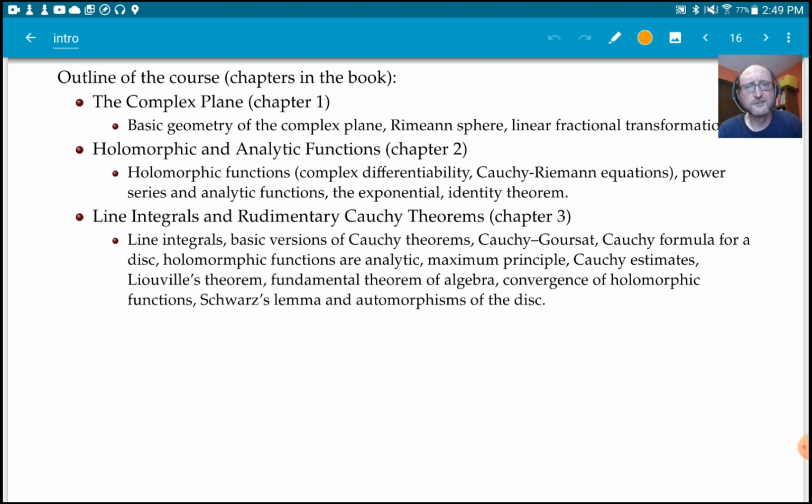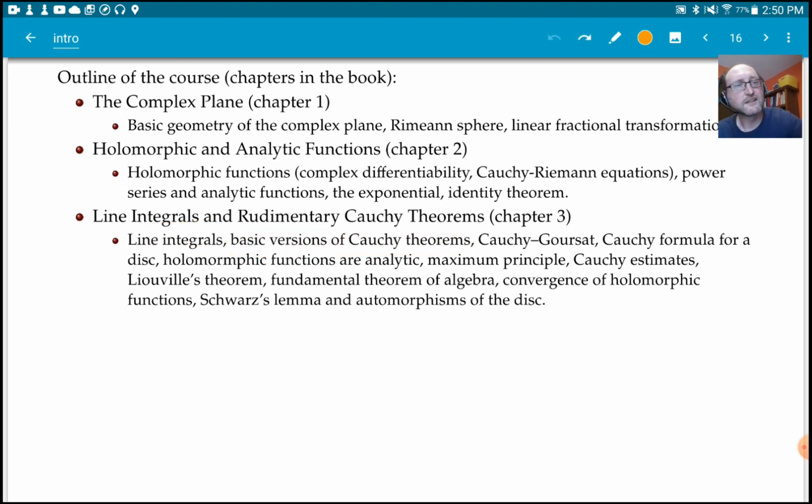Next, we get into this Cauchy theory, really looking at line integrals in the plane and basic versions of Cauchy's theorem. There's a whole bunch of different Cauchy's theorems. Generally, some sort of a line integral is 0. One way to think about it is that some sort of a line integral is path independent, and that surprisingly gives us quite a bit, right?